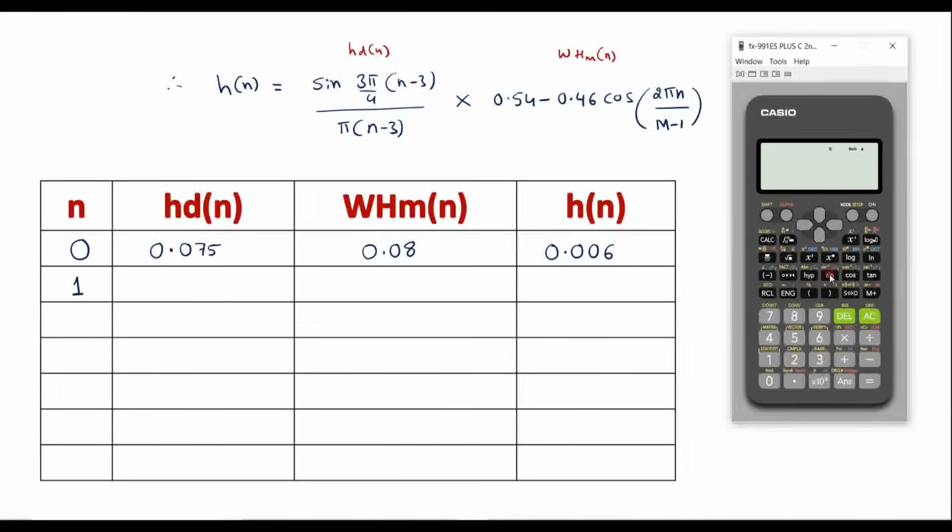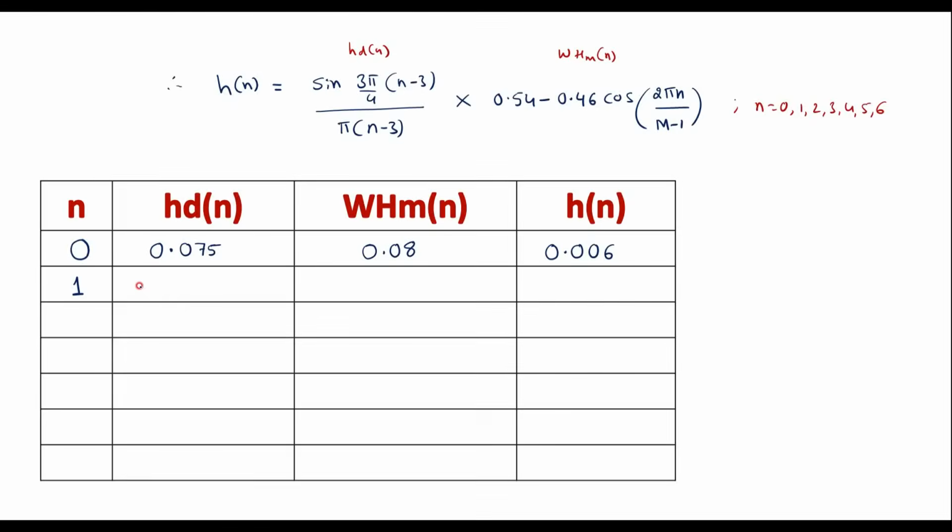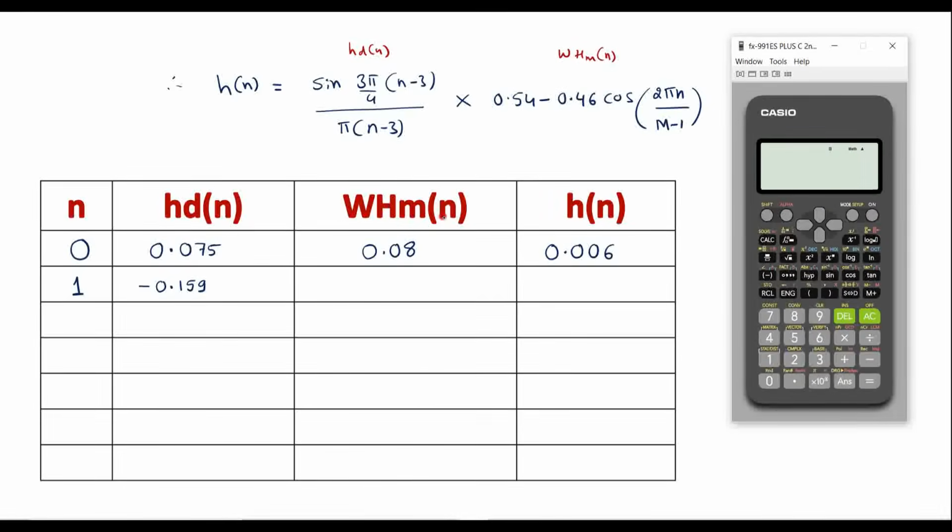Likewise, now if we consider n is equal to 1, we have sine minus 6 pi by 4 divided by minus 2 pi, and we get the answer as minus 0.159. Now let me solve whm of n for n equal to 1.